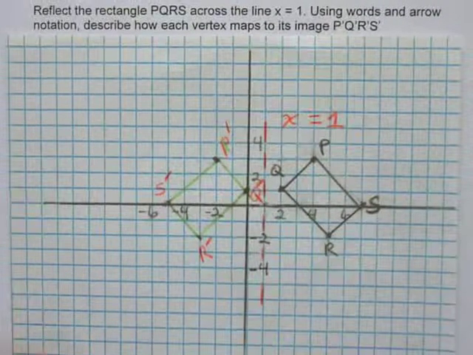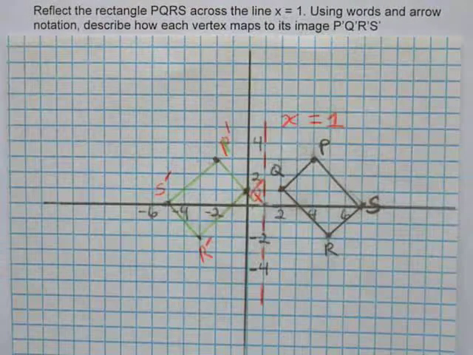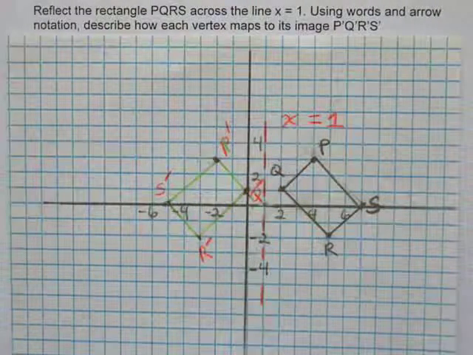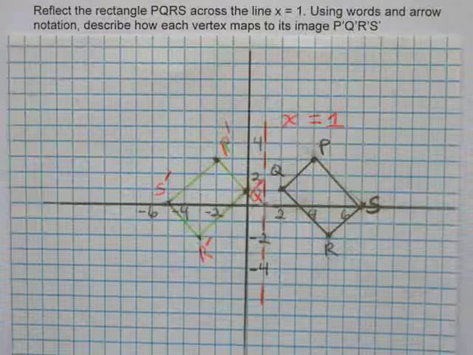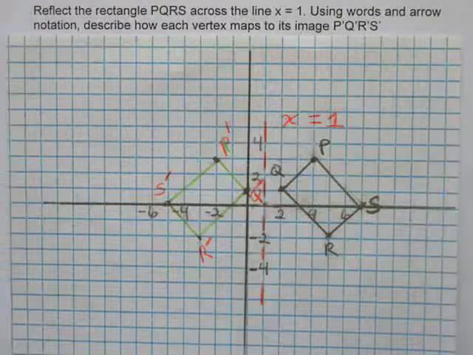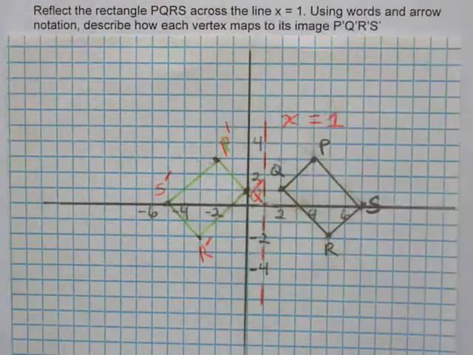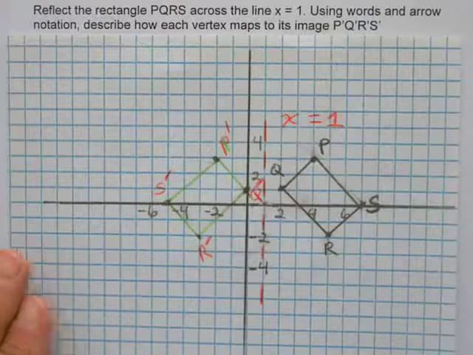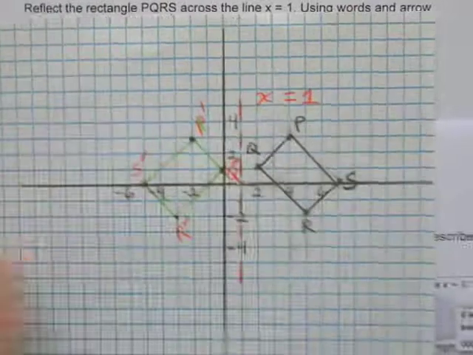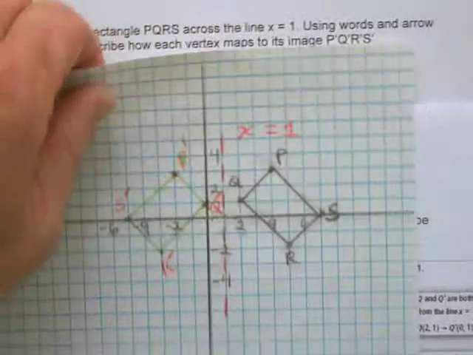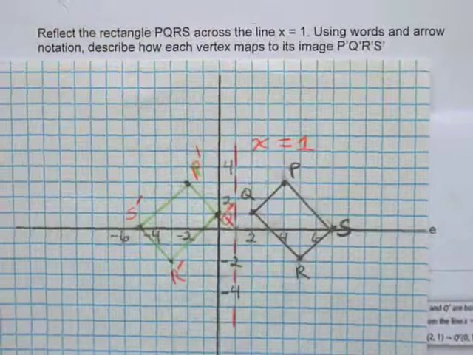All right, I was asked to do one more thing, and that was to describe how each vertex maps to its image using words and arrow notation. So I'm going to do that now. I'm going to try and slide this in here and see if I can get it all in the screen at once. So here we go.